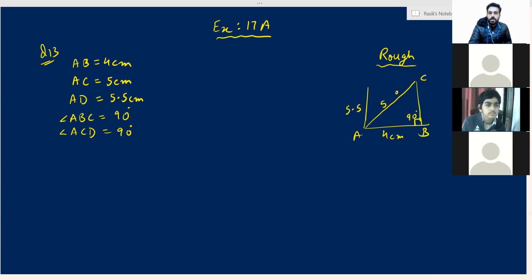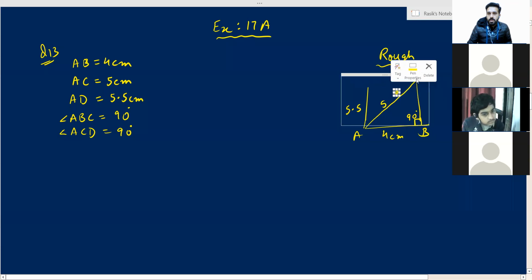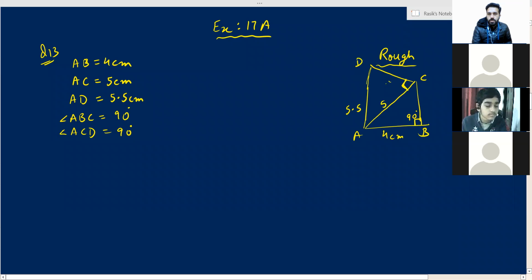So let me draw it, somewhat looking like a 90-degree angle. Something like this. So angle ACD should also be 90 degrees.